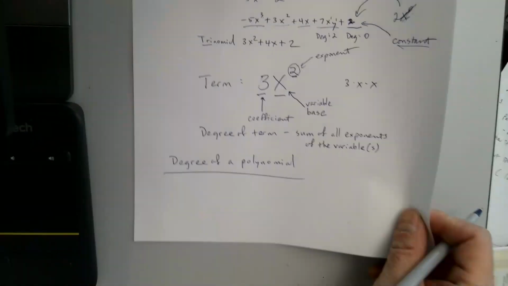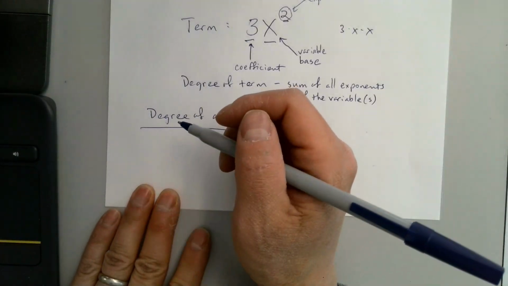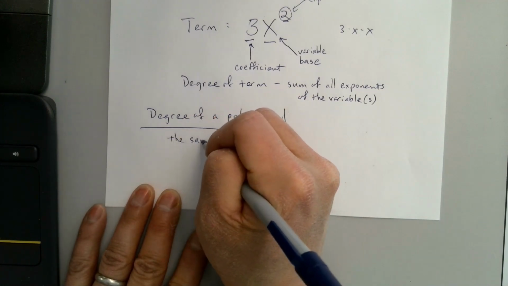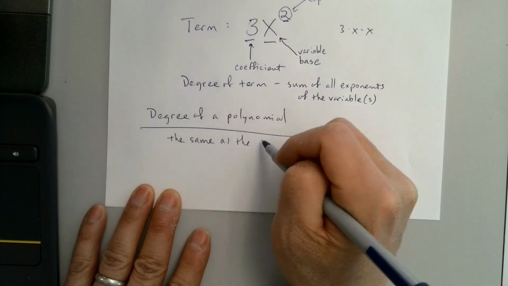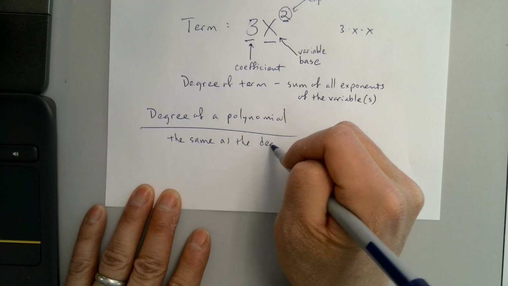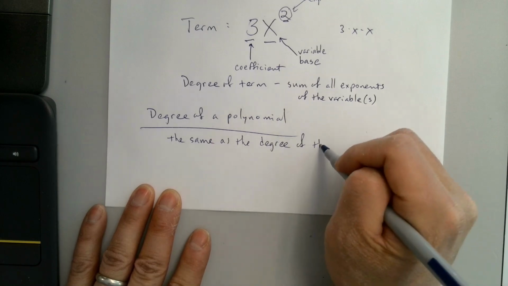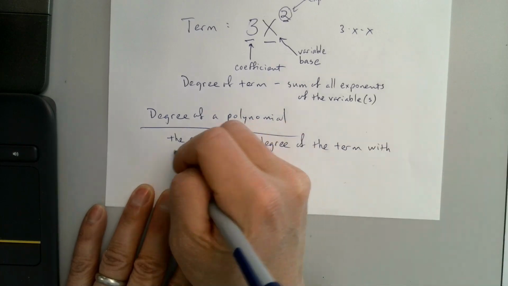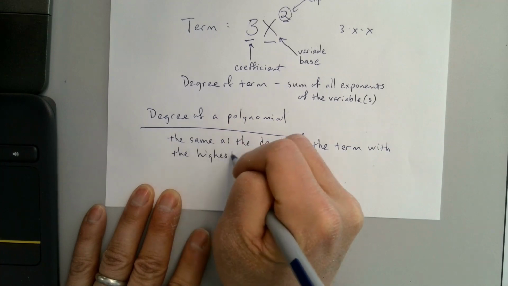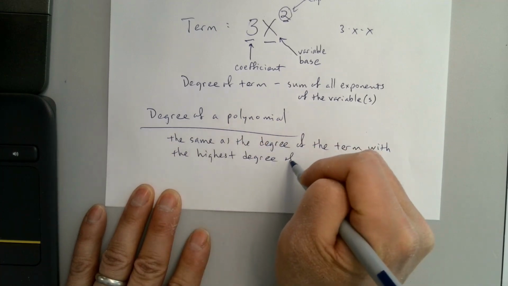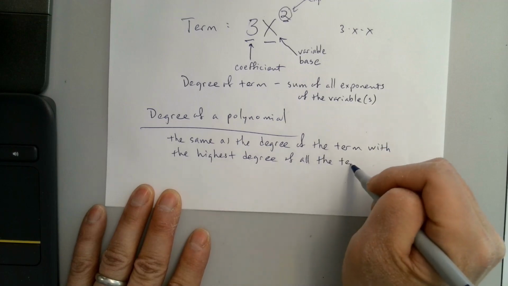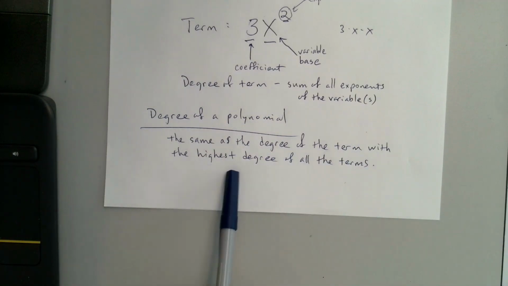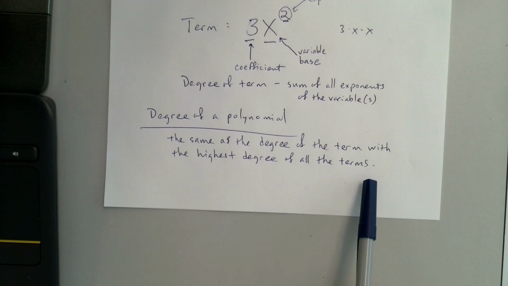Okay, the degree of a polynomial is the same as the degree of the term with the highest degree of all the terms in your polynomial.